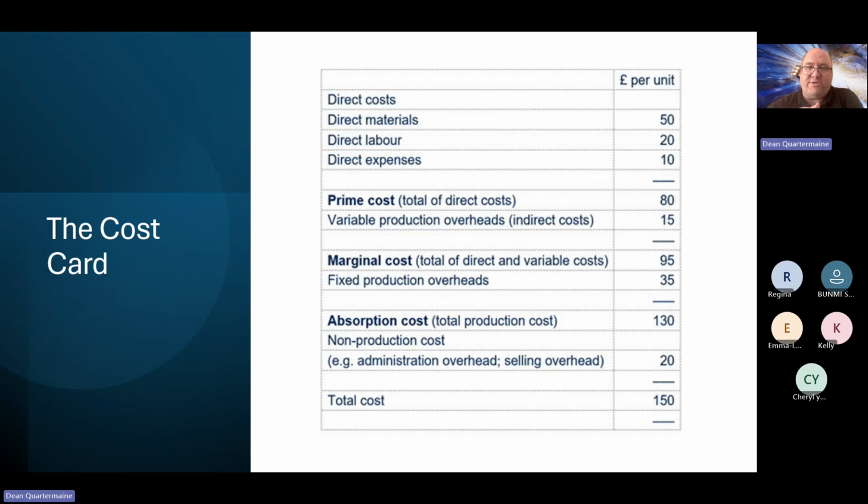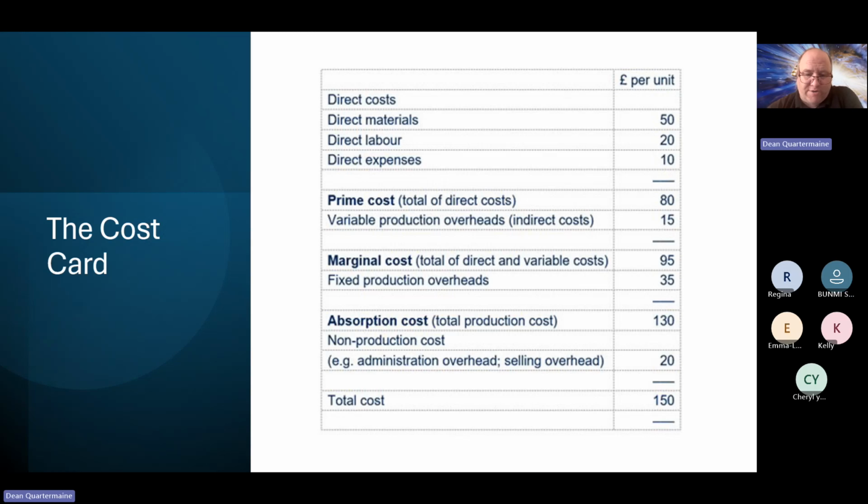So admin overheads: you might have a head office, and the head office has some cost, and you might need to absorb those costs into the cost of the product. So administrative overheads and selling overheads, the selling and distribution cost, all need to be covered by the cost of the product, or else you're going to sell the product at a loss potentially, or not make the level of profit that you were hoping to make.